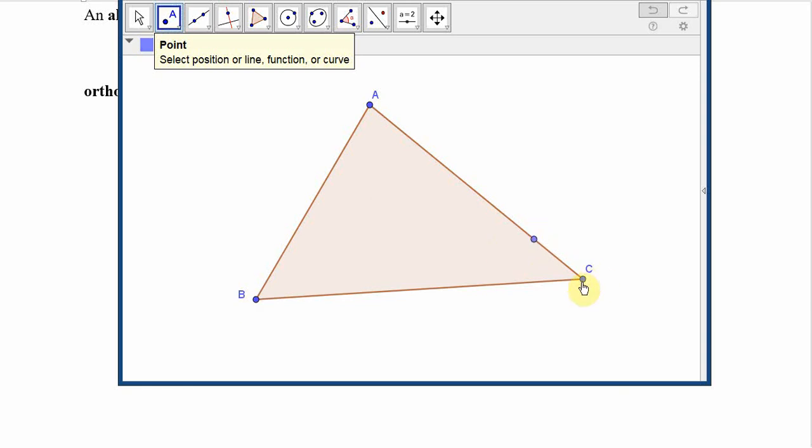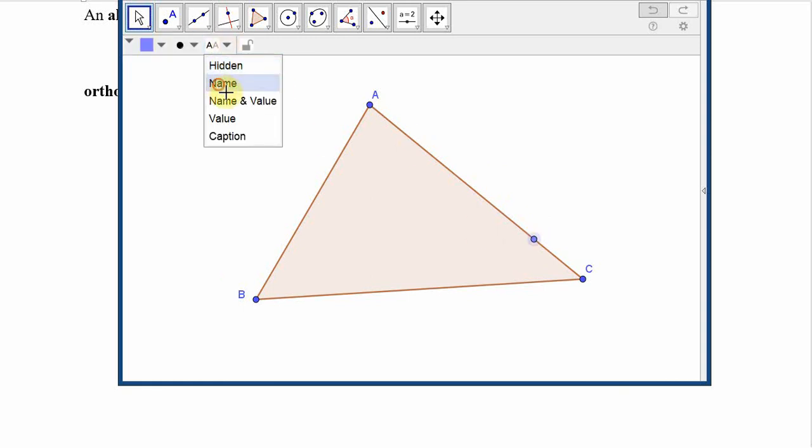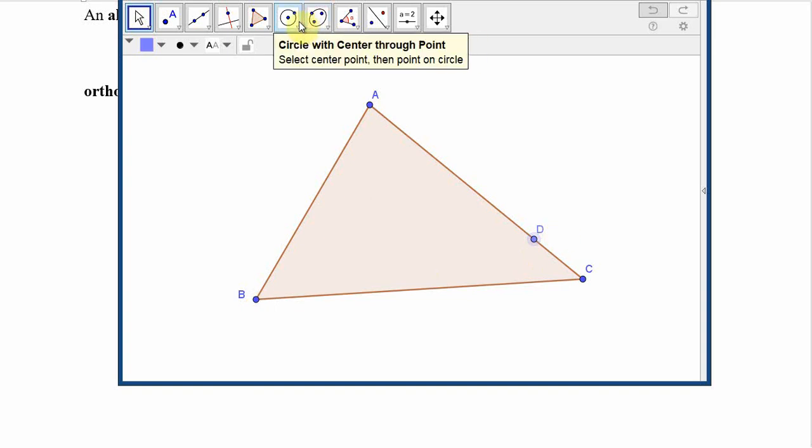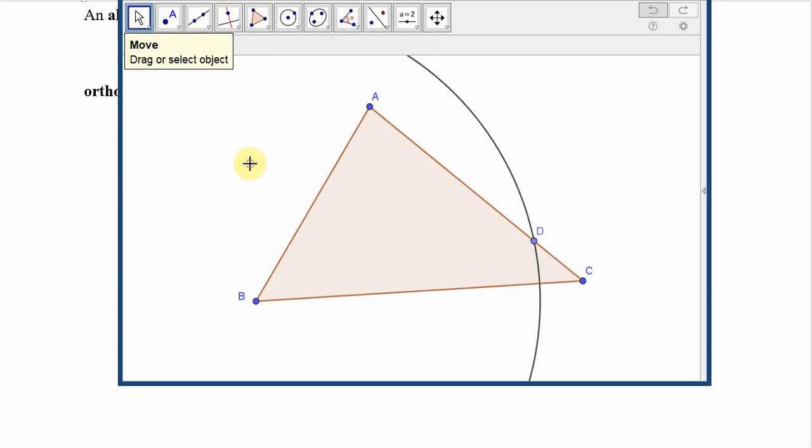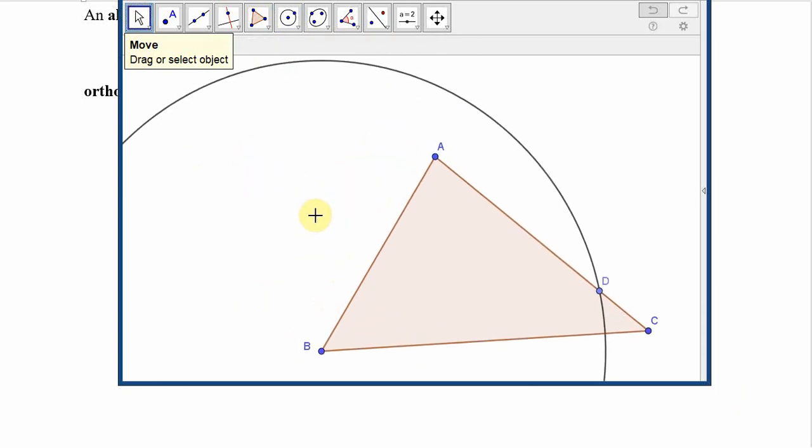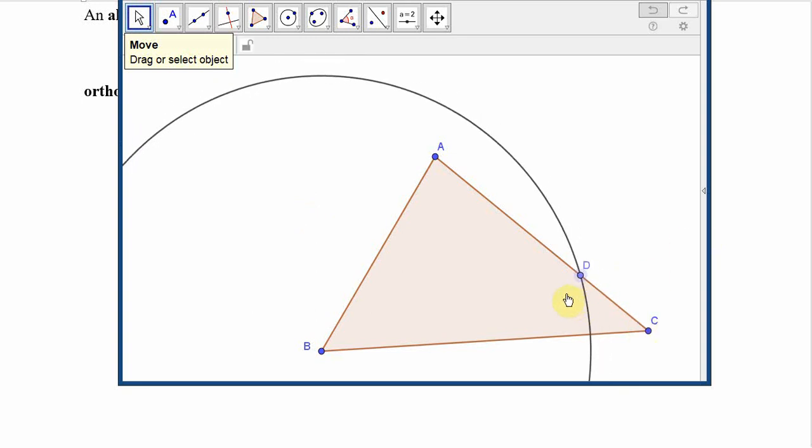So let's call that extra point out here point D, and it could be really any point as long as your compass is big enough to reach that point from B all the way to D. Then draw a circle with BD as the radius. Notice here my circle is quite big, so maybe you can choose BD a little bit more conveniently.